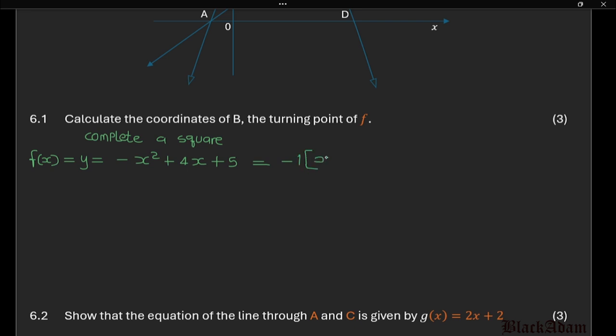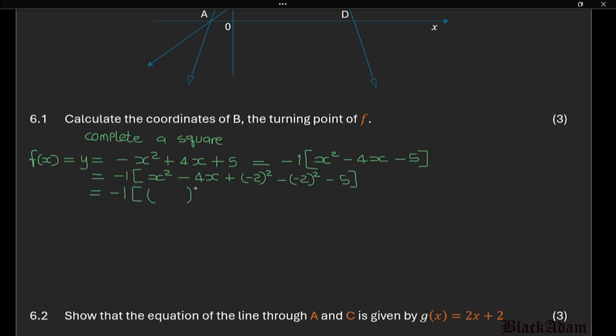The sign changes, so it's going to be x squared minus 4x minus 5. Then x squared minus 4x, half of b is -4, so half is -2, all of that squared, plus, and then minus that again, negative 2 to the power 2, minus 5.